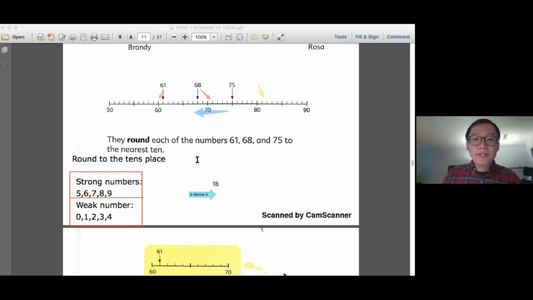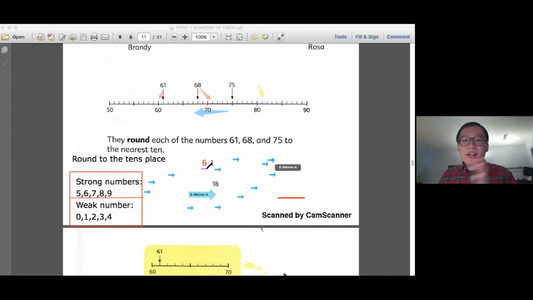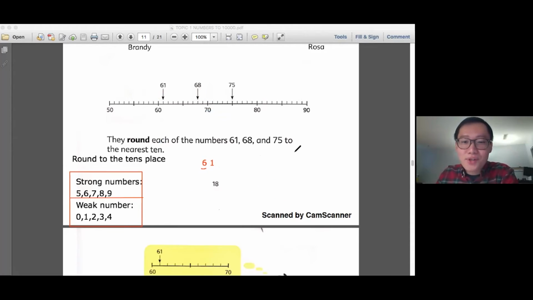Okay, so let's use this to round some numbers. We want to round to the tens place. Let's start with 61. Who is in the tens place? 6. Let's stop drawing and listen to how we round. We want to round to the tens place, which is 6, which means we need to look one place to the right.